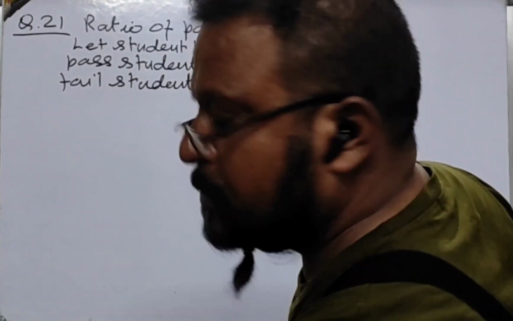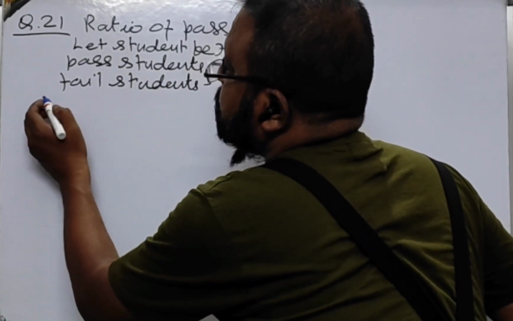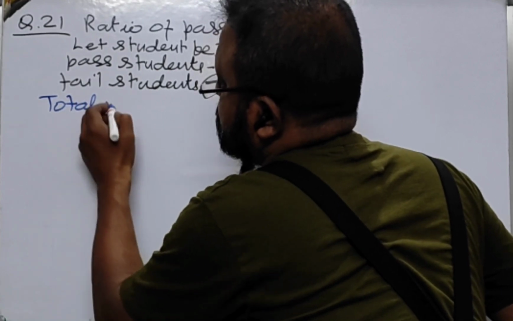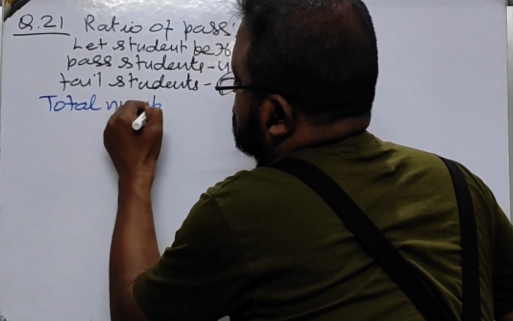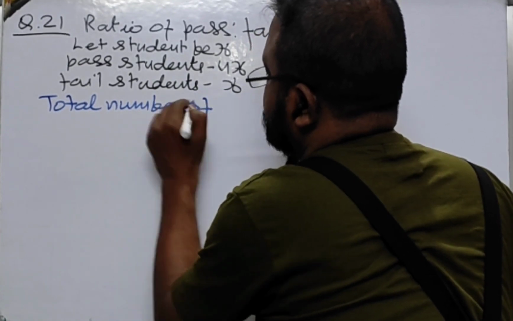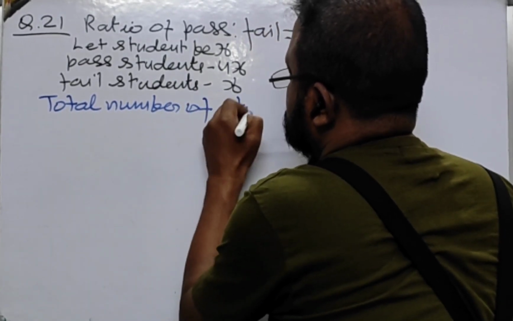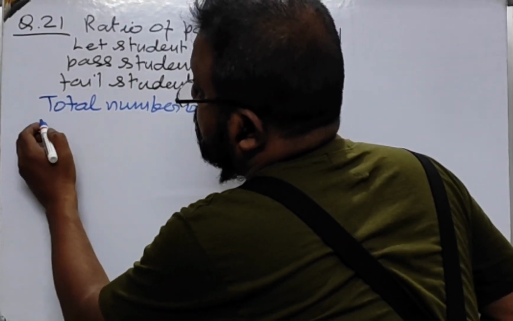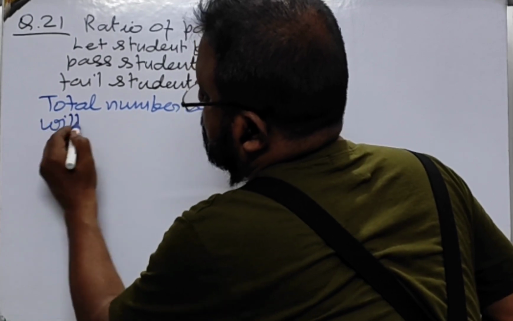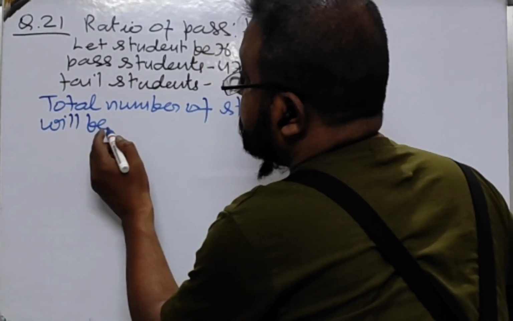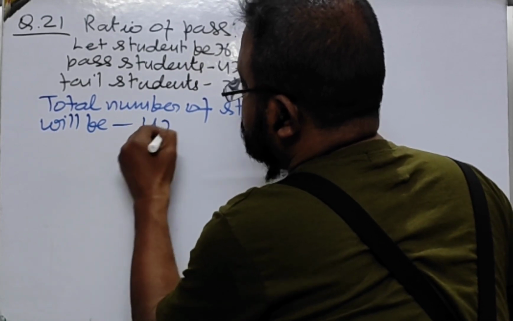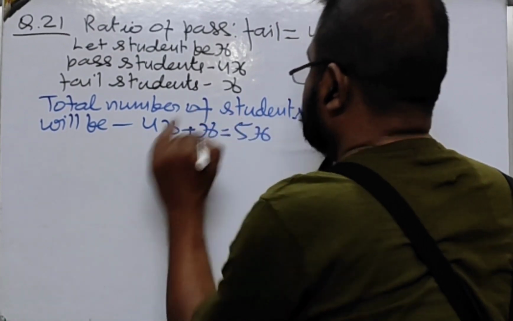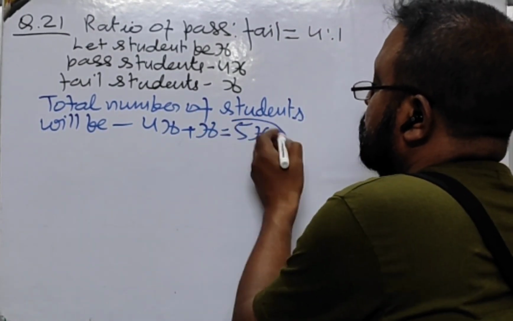So now the total number of students will be 4x plus x is equal to 5x. Fine. This is the total number of students.